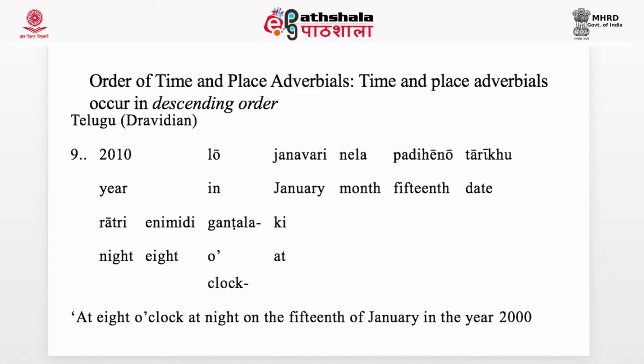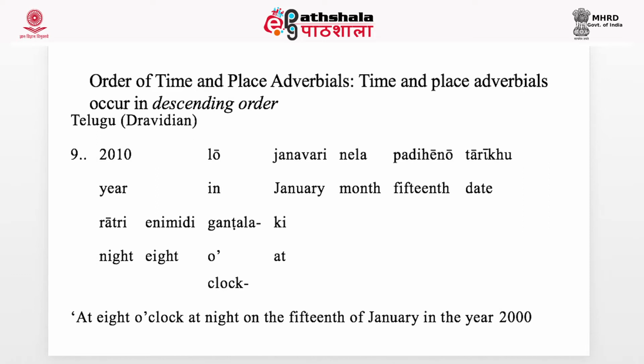The superordinate time or place part occurs first, then the subordinate, then the less subordinate and then the less subordinate. So for example, let us take Telugu, a Dravidian language spoken in Andhra Pradesh and Telangana.